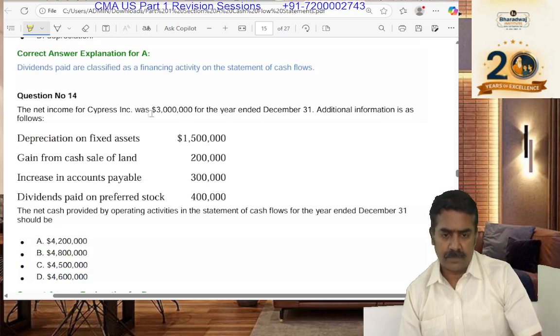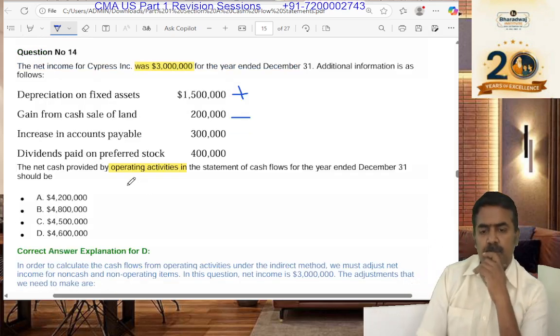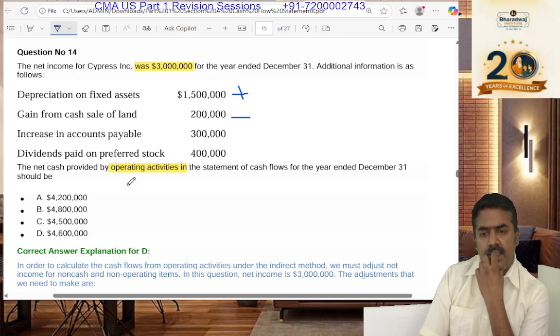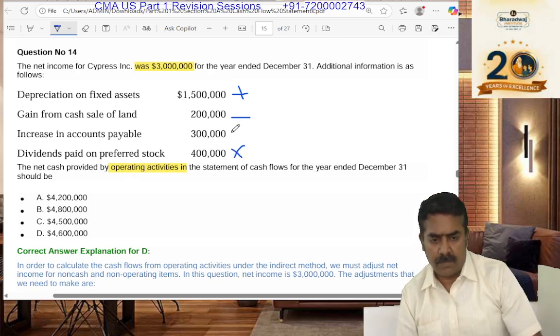Look at this. Net income is given. They ask you to work out operating activity. Depreciation on fixed assets you will add. Gain on sale of land you will eliminate. Then increase in accounts payable, we will add.